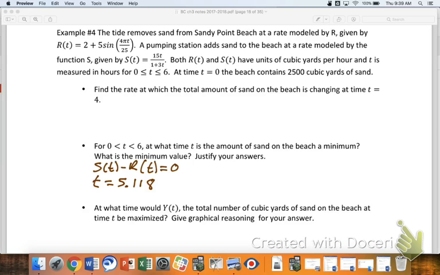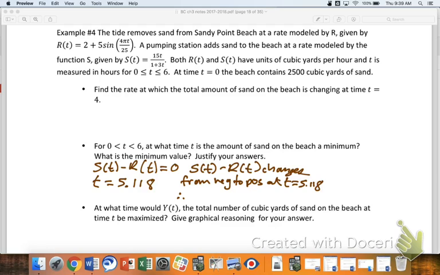So you could say something along the lines of: S of t minus R of t changes from negative to positive at t equals 5.118, therefore the amount of sand is minimized at that time.